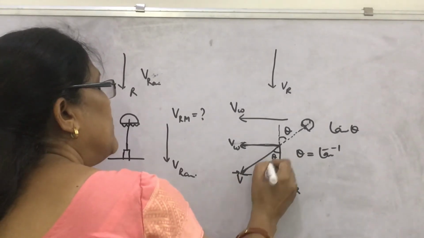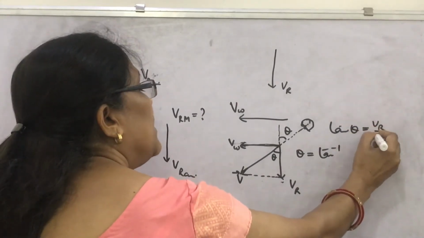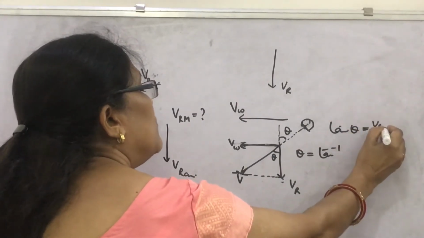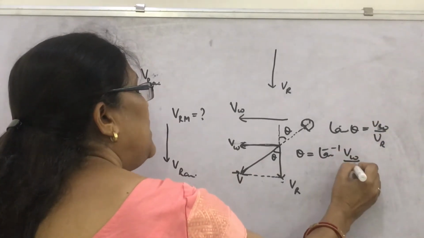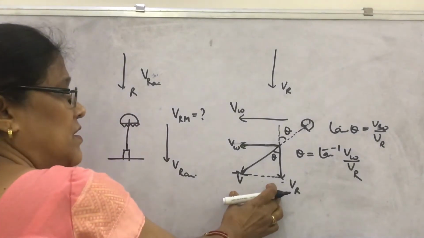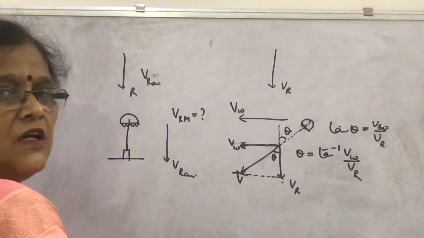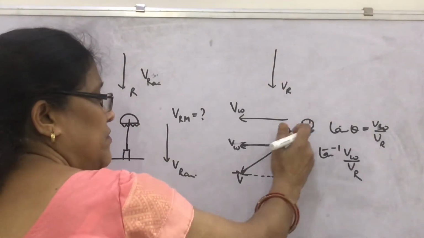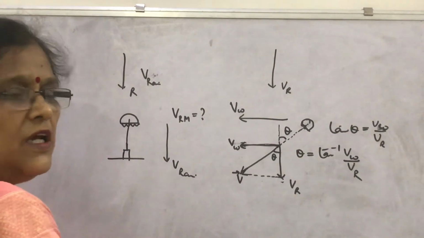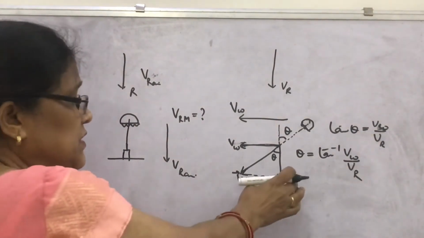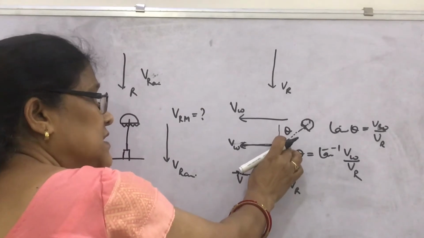So tan theta will be VW upon VR, so theta will be equal to tan inverse of VW upon VR. So from the vertical towards east, that is opposite to the wind direction, he has to open the umbrella. This is the case of vector addition, and the person standing here is at rest.